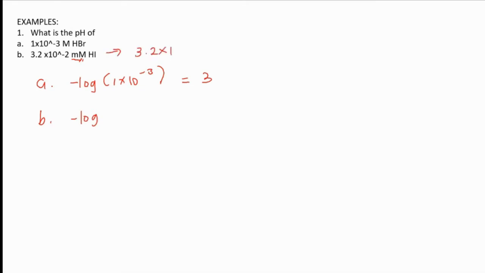So 3.2 times 10 raised to negative 2 times 1 millimolar, which is 1 times 10 raised to negative 3 molar. So the answer is 3.2 times 10 raised to negative 5.